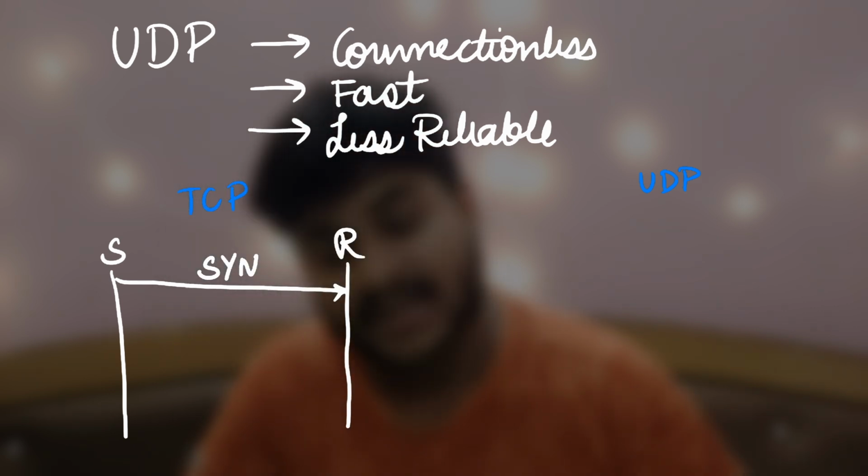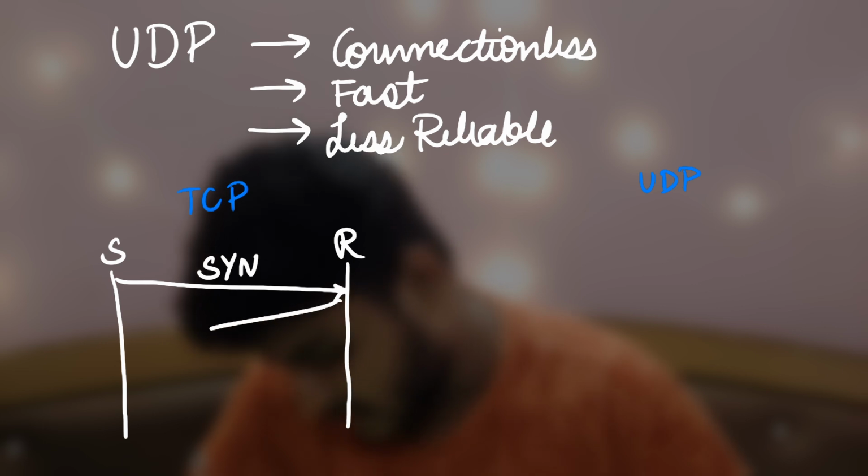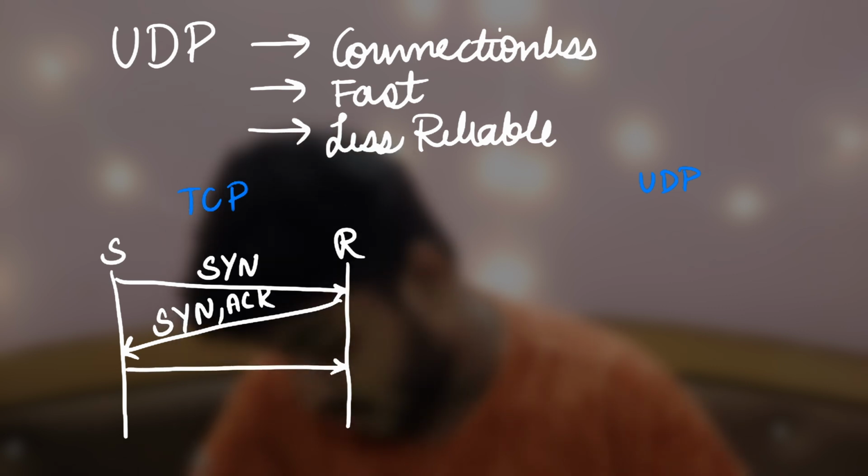This means they are going to have a three-way handshake. First, the sender is going to send a synchronization or SYN packet to the receiver. The receiver is going to send a synchronization acknowledgement packet, and the sender is going to send an acknowledgement packet or ACK packet back to the receiver.